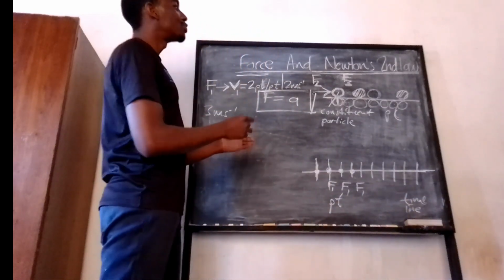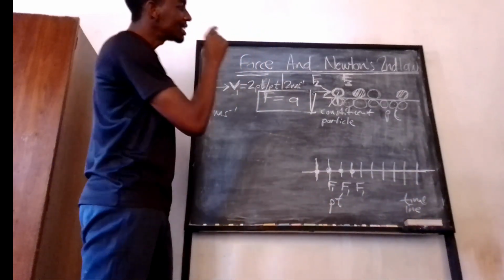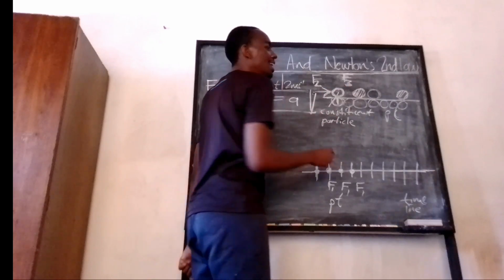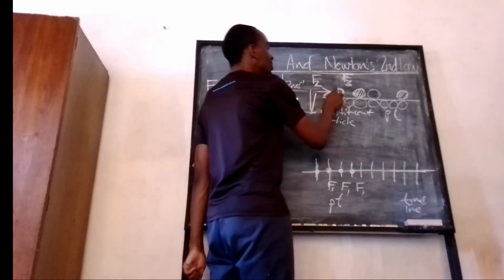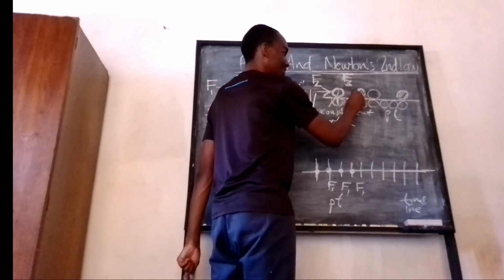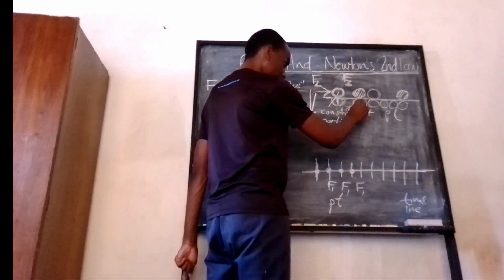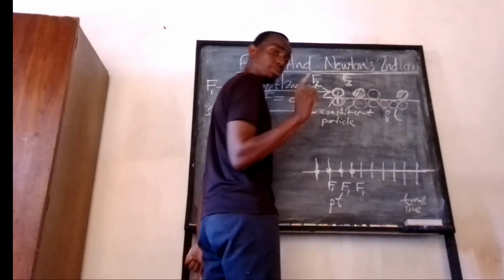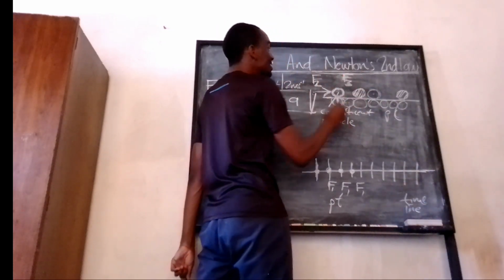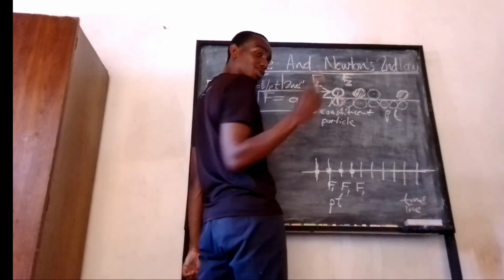Why do we say F2 and F3 are different? We say F2 and F3 are different because of the positions the ball reaches. These 2 positions are different, and hence F2 and F3 have to be different.